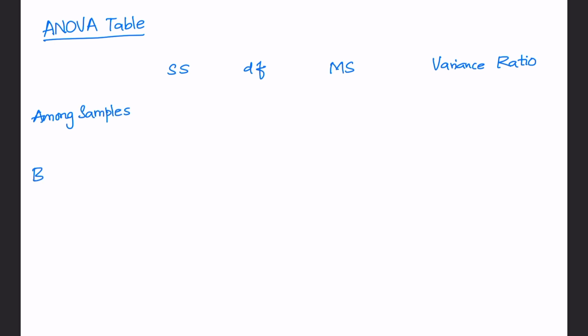Then we have SS, the sum of squares, the degrees of freedom, the mean square, and the variance ratio. So we have among samples and within samples.